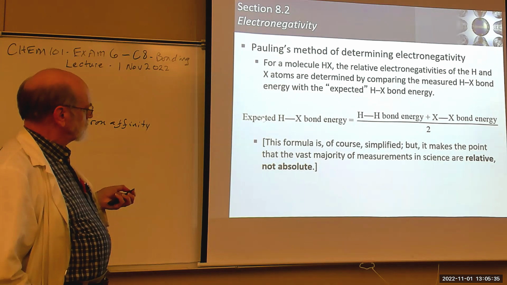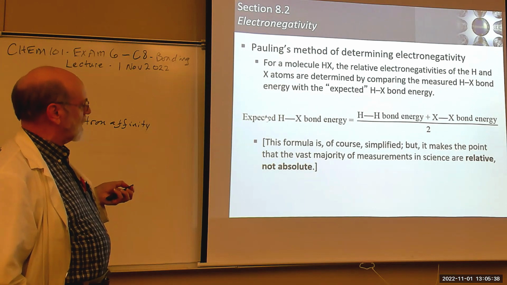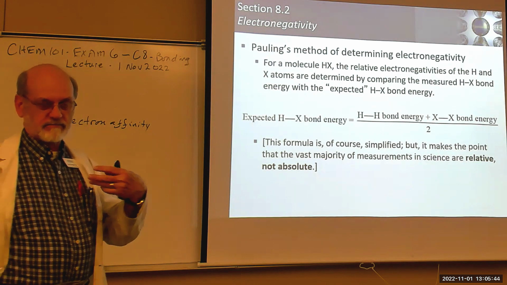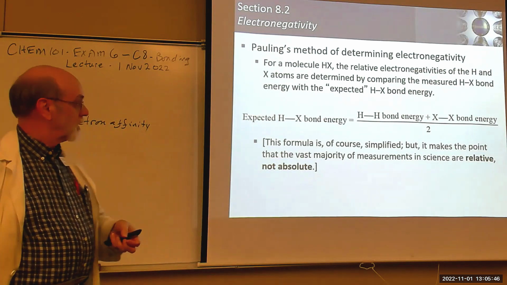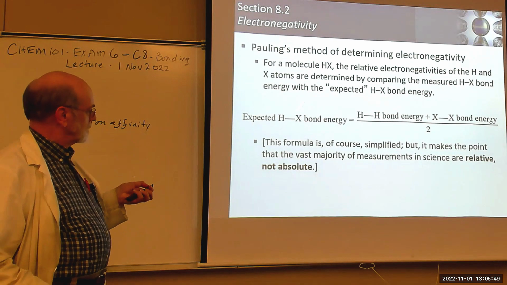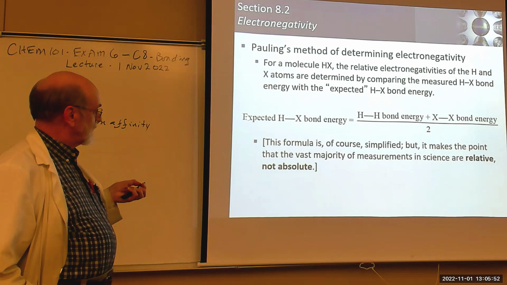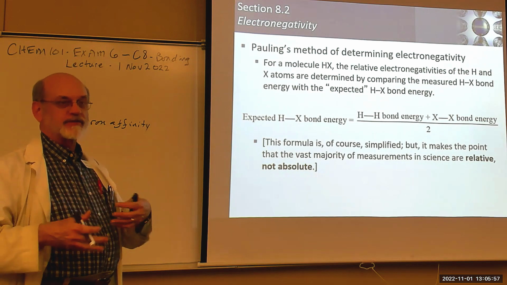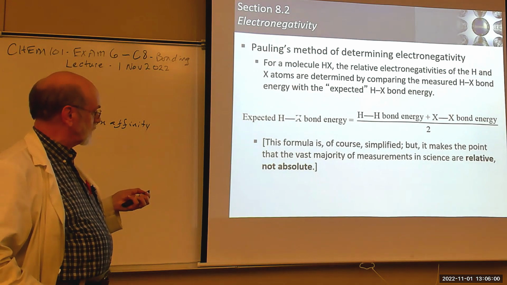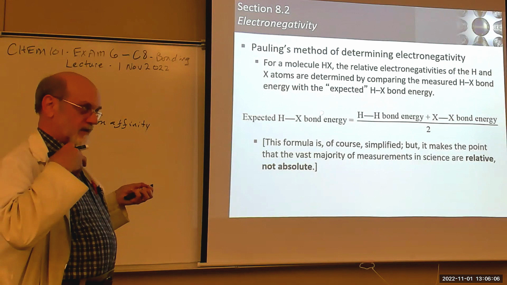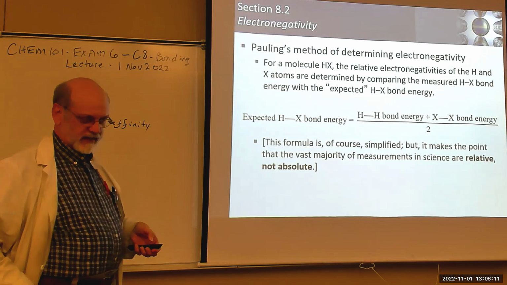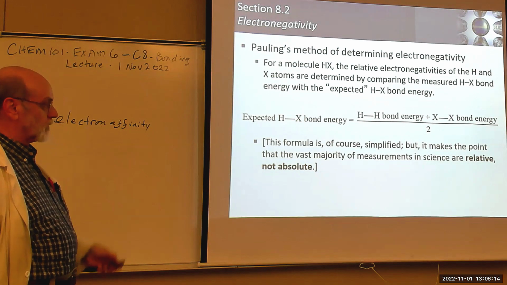That is the expected bond energy of the hydrogen with our mystery element. Well, when you measure the actual bond energy of this, it won't be the same. And that difference is attributed to a difference in electronegativity between this one in the true, molecular form, and the calculated version. And that becomes the electronegativity value.